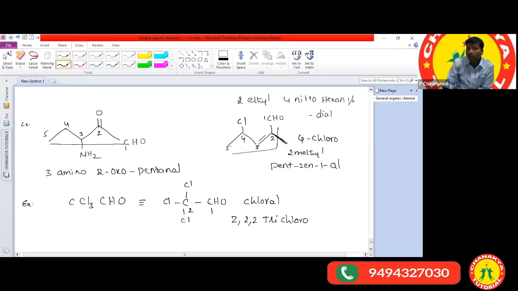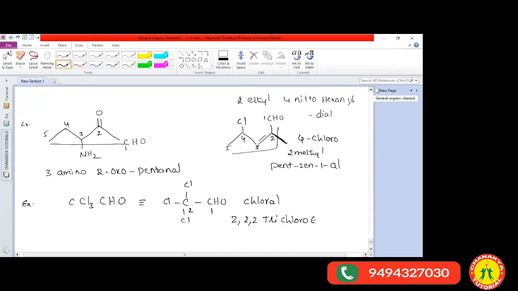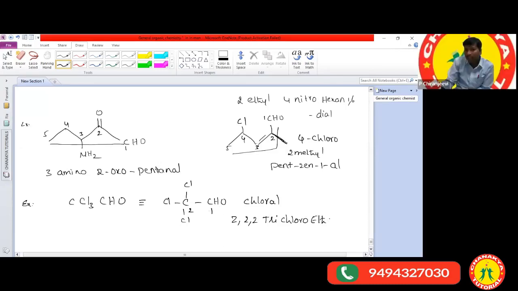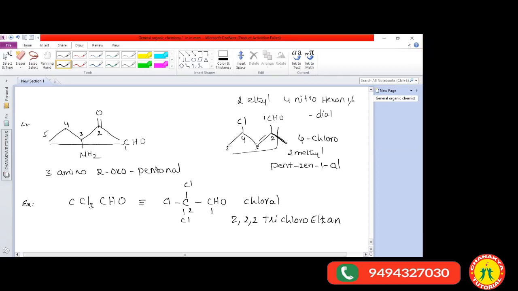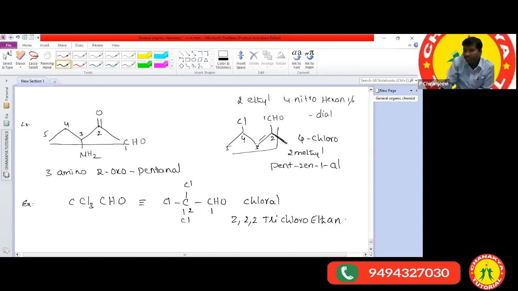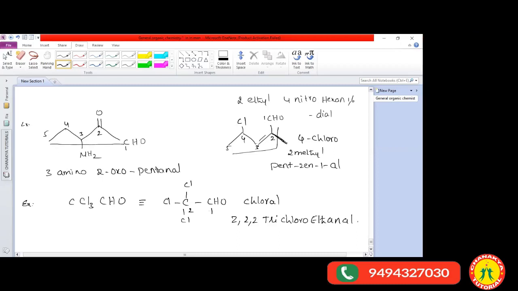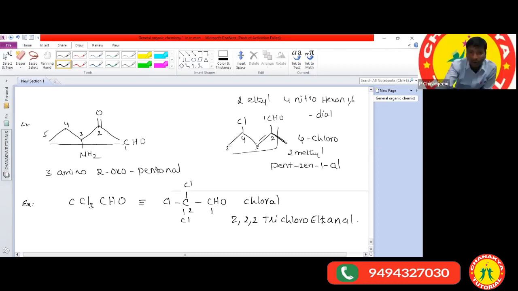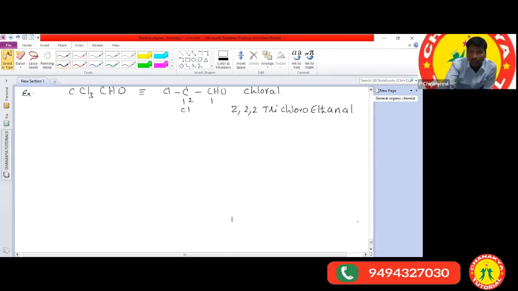And the root word, how many carbon atoms? 2, so eth. The given compound is saturated, so an. And what is the suffix? al. So the IUPAC name is 2,2,2-trichloroethanal. Now you got the clarity, Anjan? Then we'll go for another functional group, the ketone functional group.